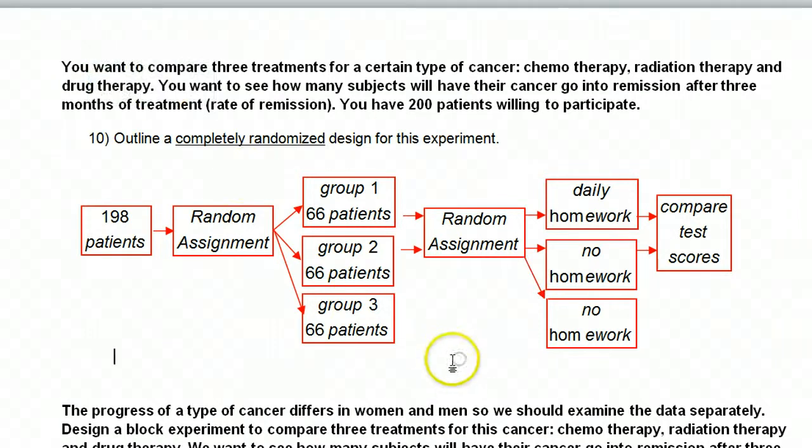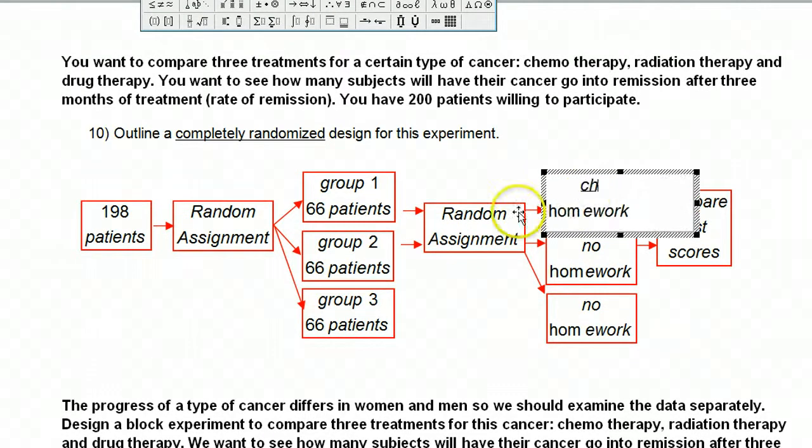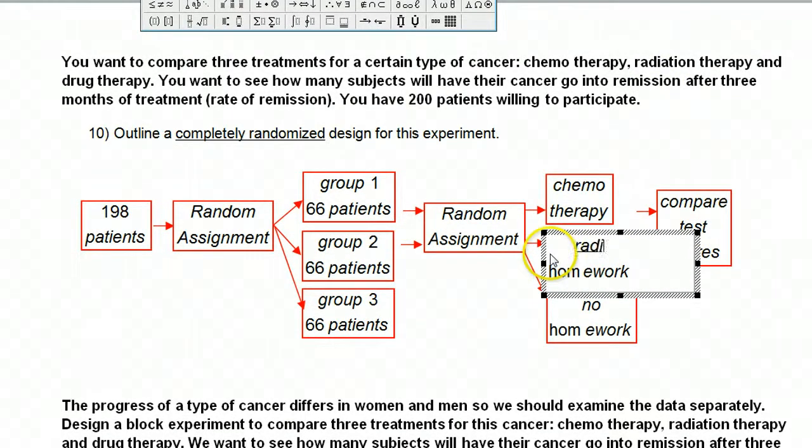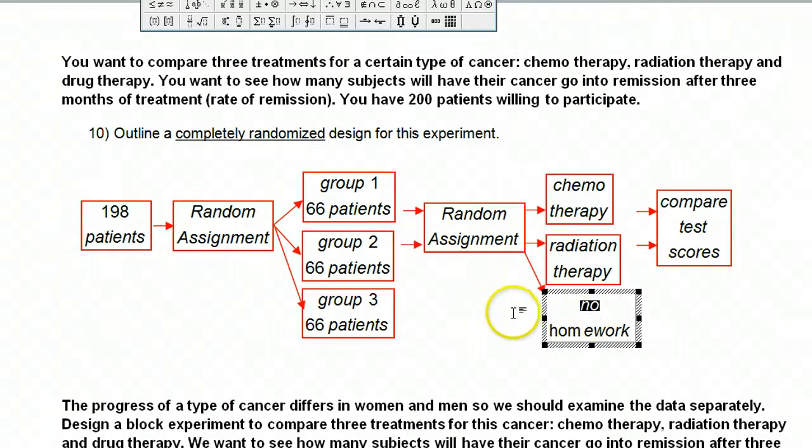Just tack that on. So randomly assigned to any of these 3 treatments. So what do we have? We had chemotherapy, radiation therapy, and drug therapy.